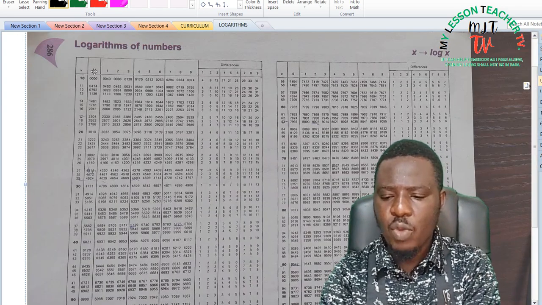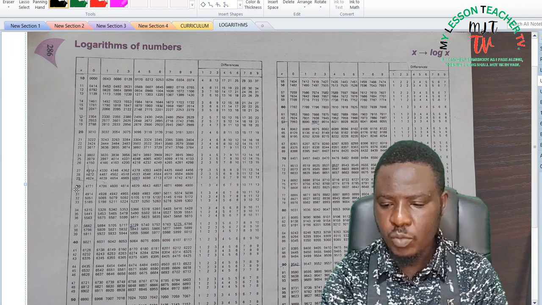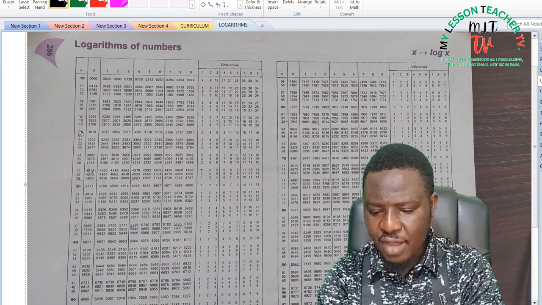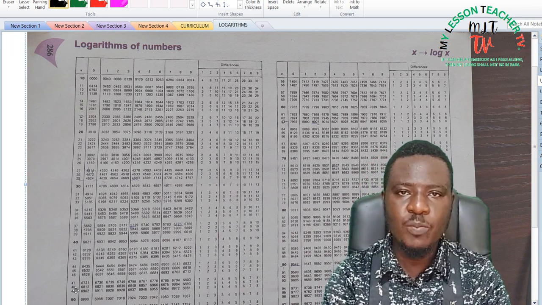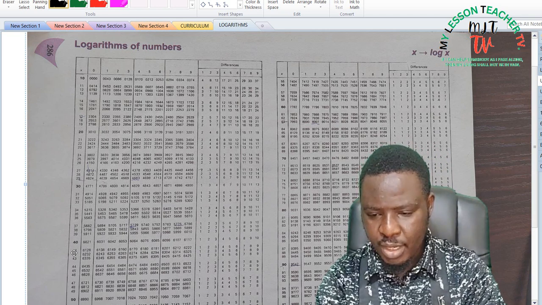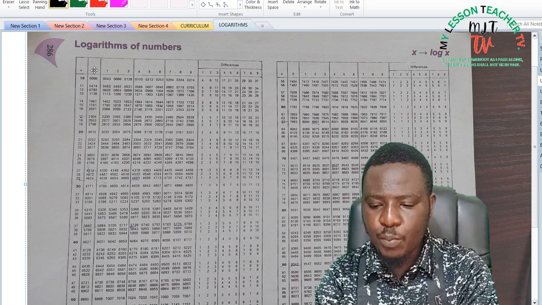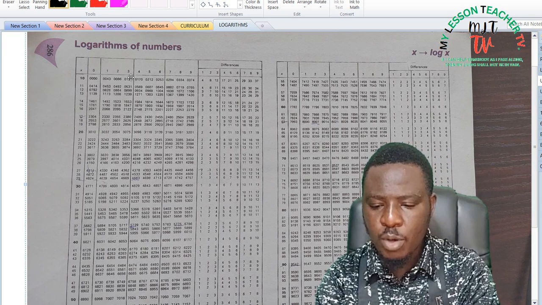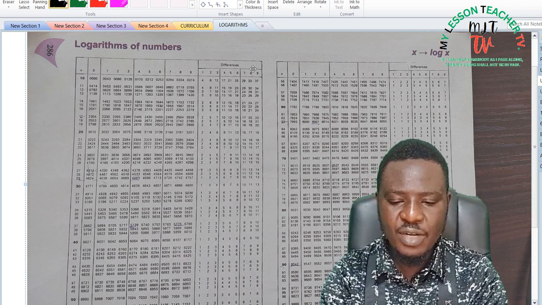On the logarithm table, we have the horizontal column and we have the vertical. The vertical carries the value of x, which you are looking for. Remember, you are going to pick the first two values. So the first two values are said to be the value of x. You are going to look for the value of x under 0.0, 0.1, 0.2, 0.3, or down to 0.9. Then this is said to be the difference table.